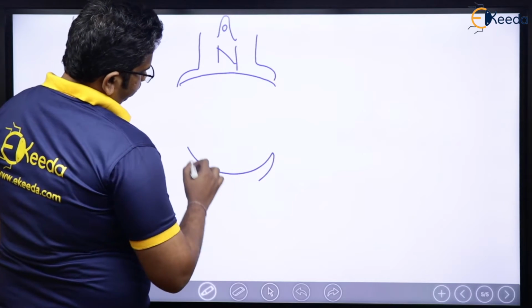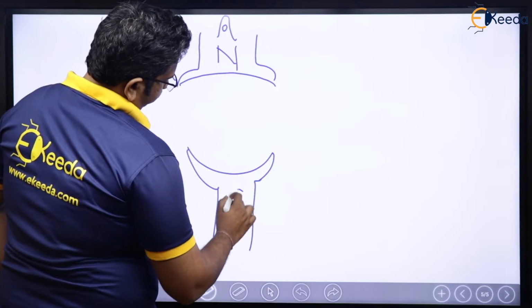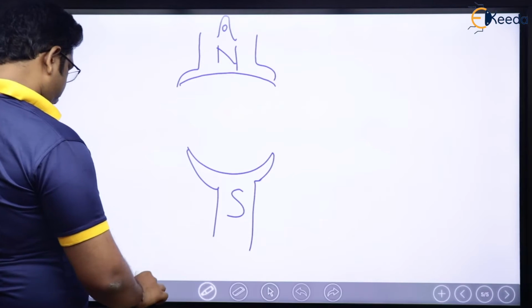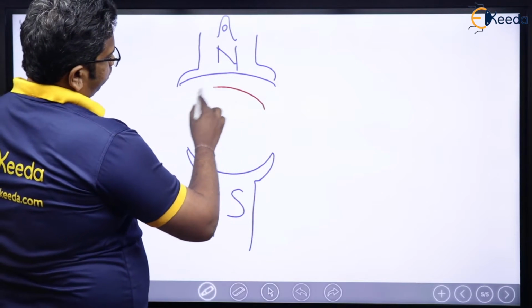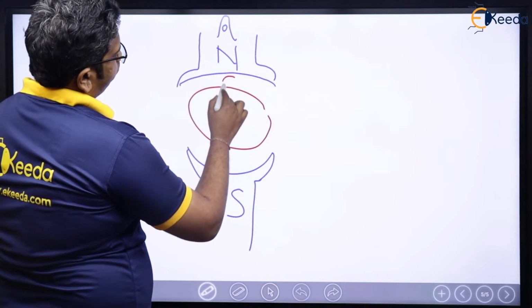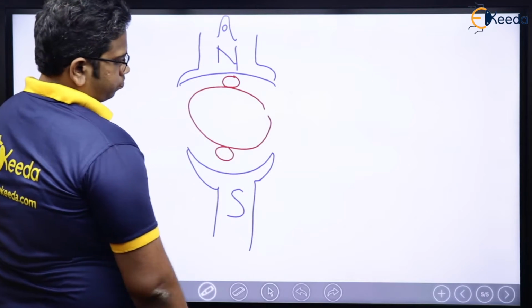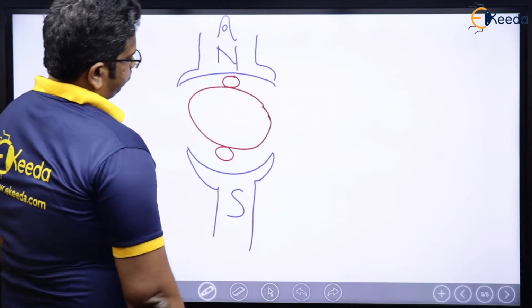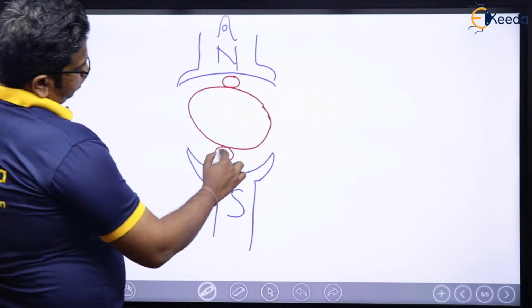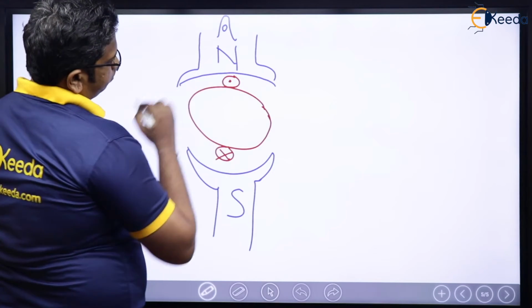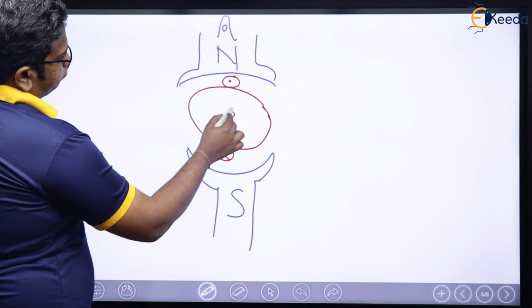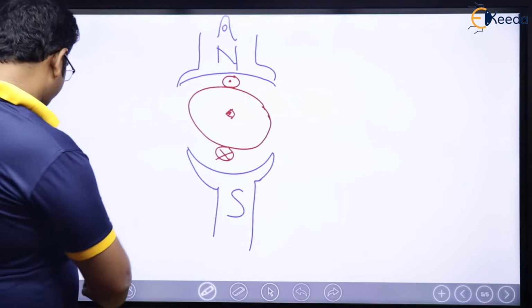Let me have a south pole like this. Let me have a rotor in between. Let me have rotor conductors. Right? Let me have cross current here and dot current here. This is the rotor, shaft, key. See here.